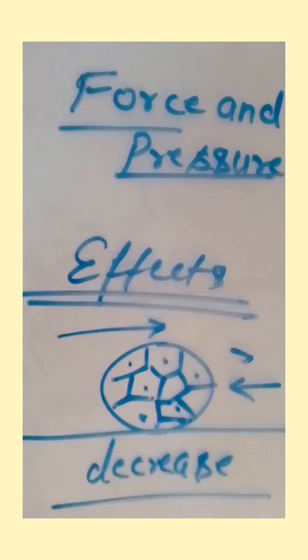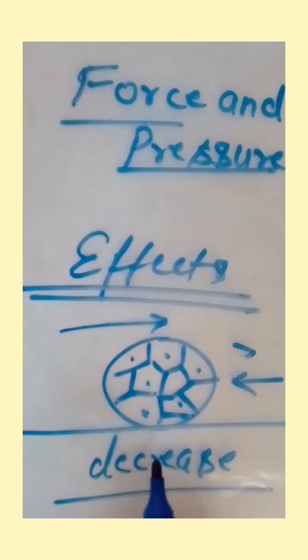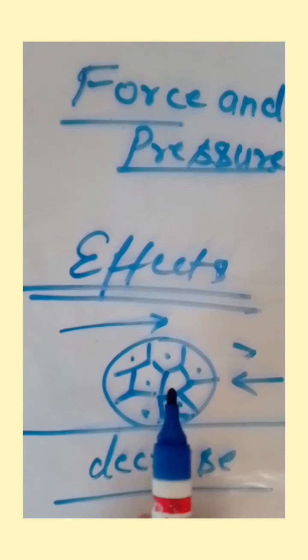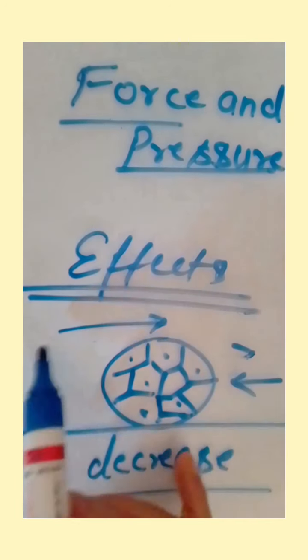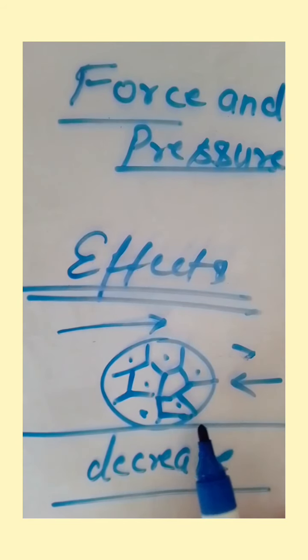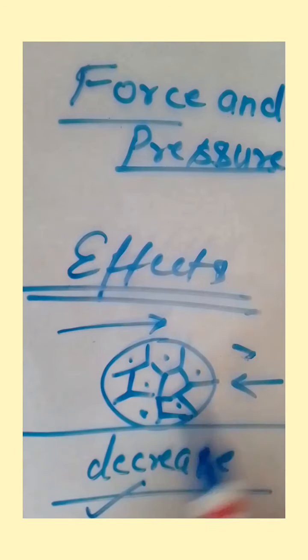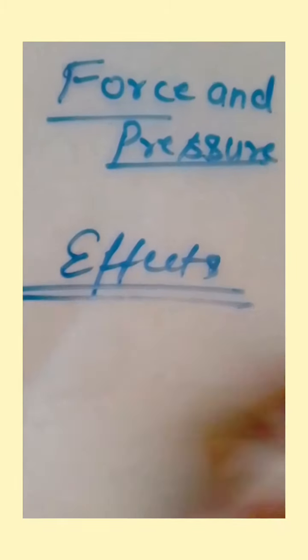So we can find the conclusion from this, that if the force is applied in the opposite direction of motion, then the speed of the object, this ball is our object, will decrease. Right? And in both these cases we have discussed, the object is moving in a straight line.